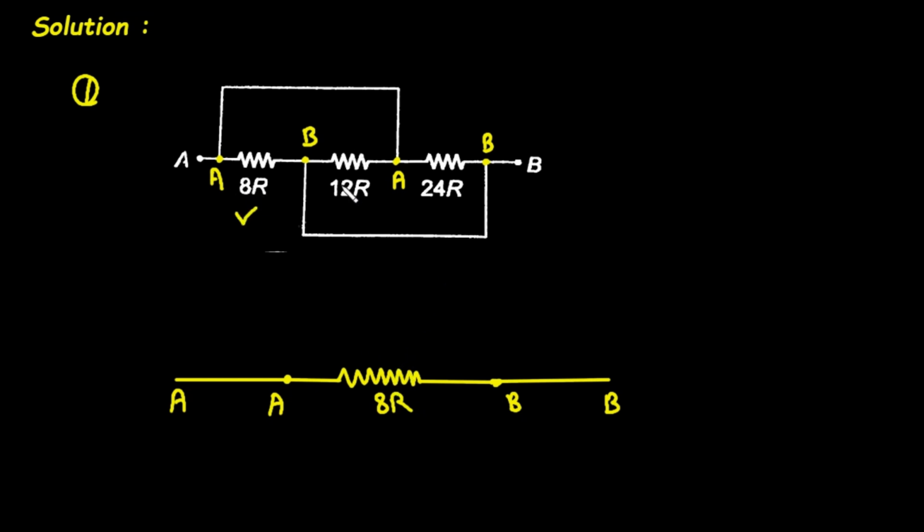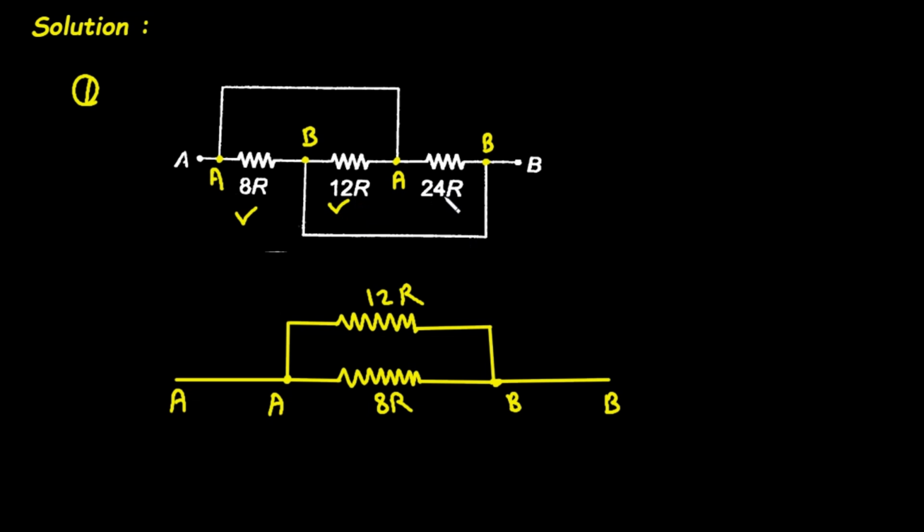Next we will add this resistance 12R between terminal A and B. So let's add resistor 12R between terminal A and B. So this is 12R. This is also completed.